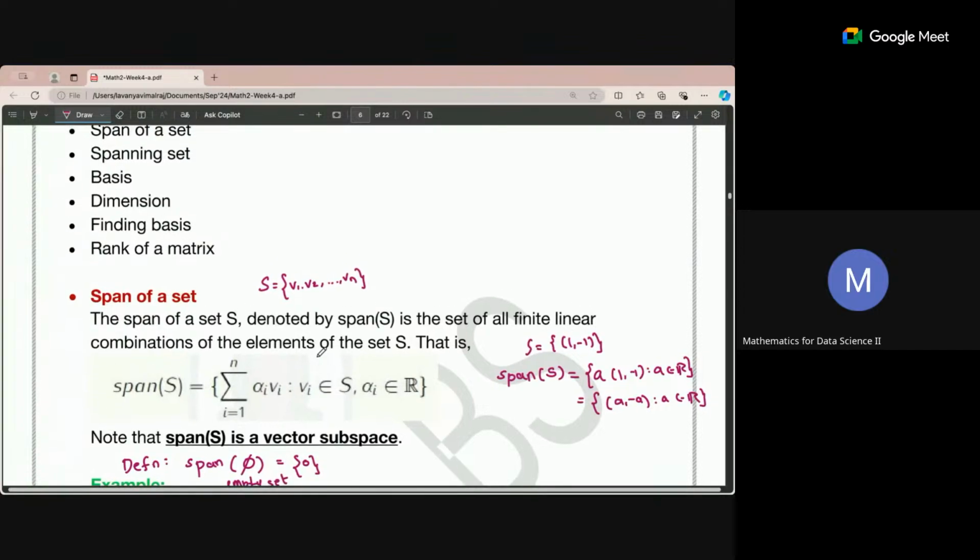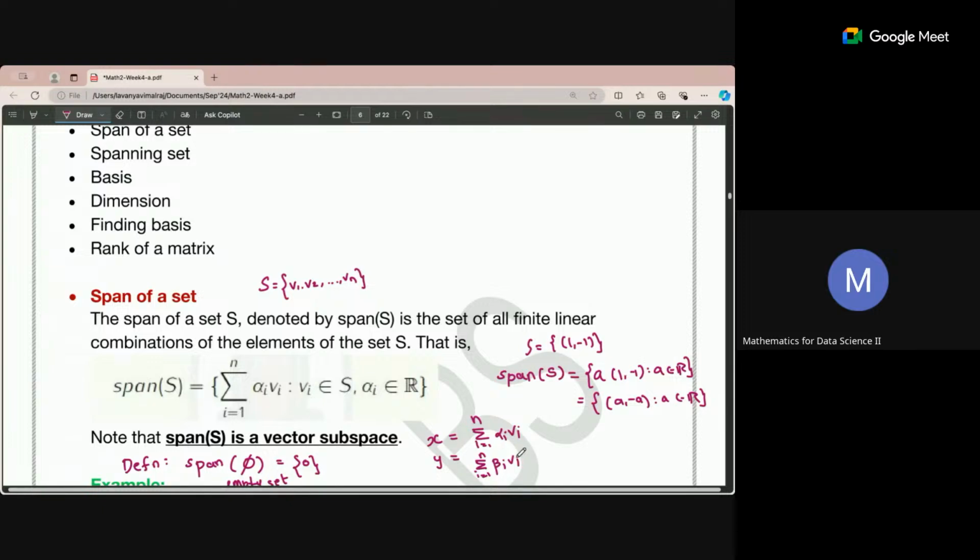So the first thing is to prove that it is closed under addition. How do you prove that? How can a typical element from span of S look like? Say x is summation i equal to 1 to n alpha i vi, and y is summation i equal to 1 to n beta i vi.